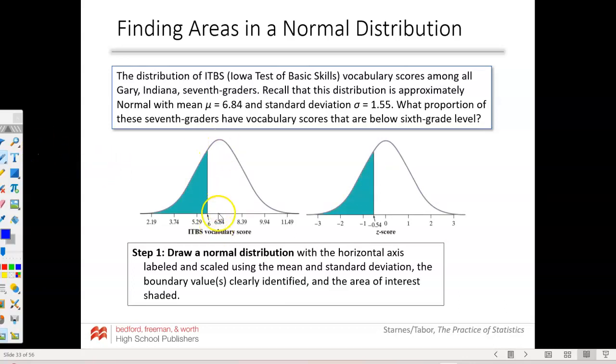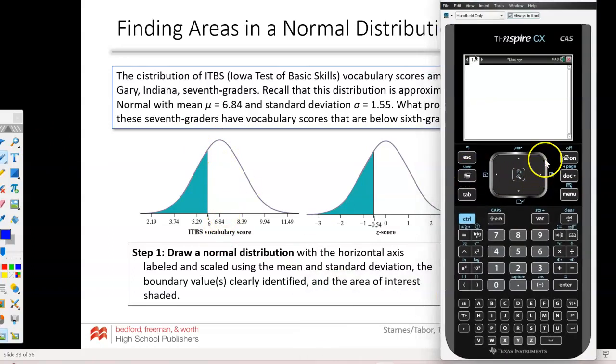and in the middle, you put that 6.84, then you get your calculator out, and you would just start going, okay, 6.84 plus 1.55, plus 1.55, and do that a few times. So that's where these numbers come from.